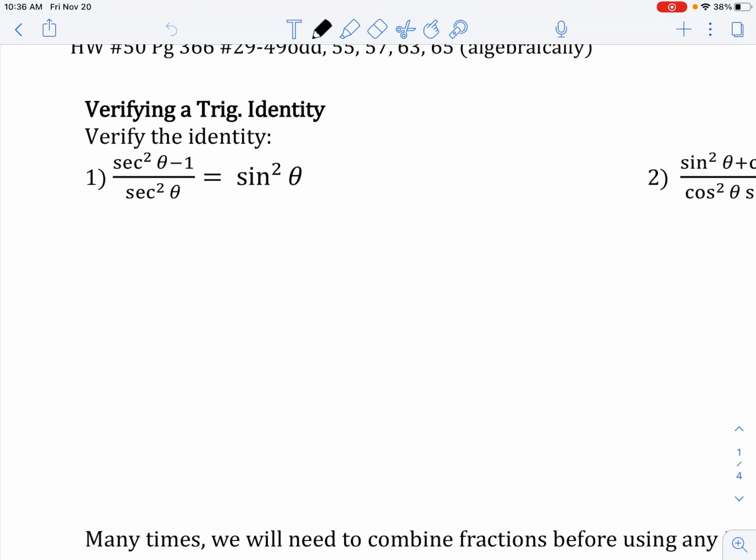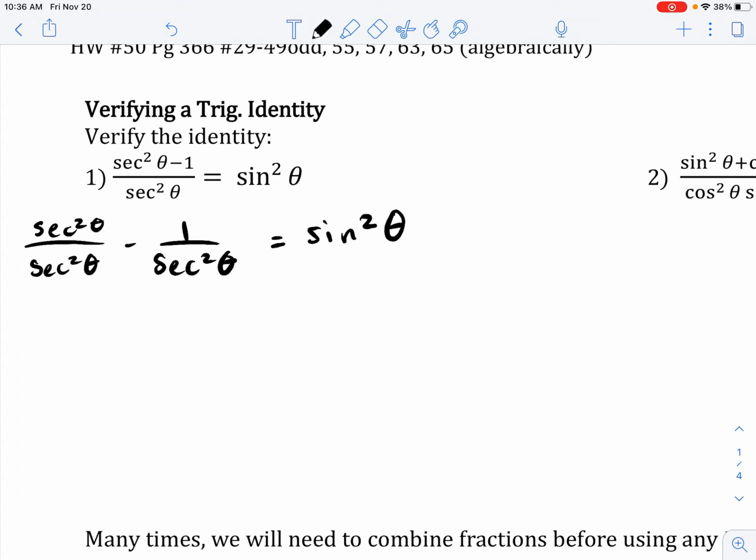But one thing that I'm going to do here, just as my first instinct, is to rewrite this as two separate fractions. So I'm working with the left side. I'm going to write the following: secant squared theta over secant squared theta, minus 1 over secant squared theta.